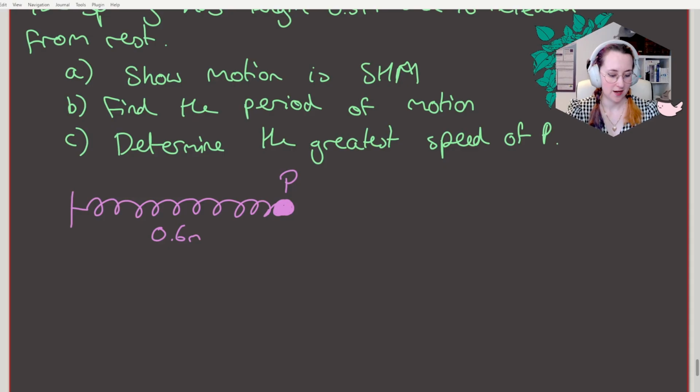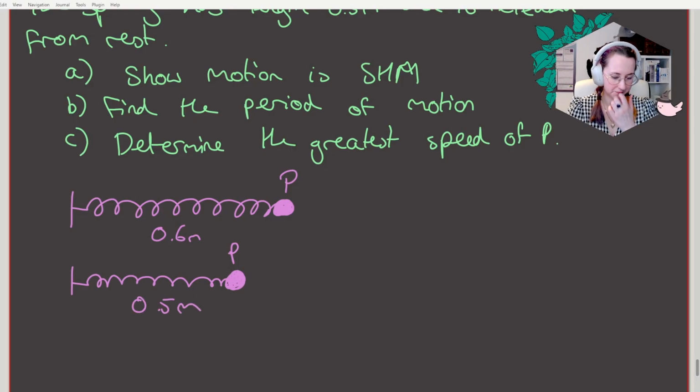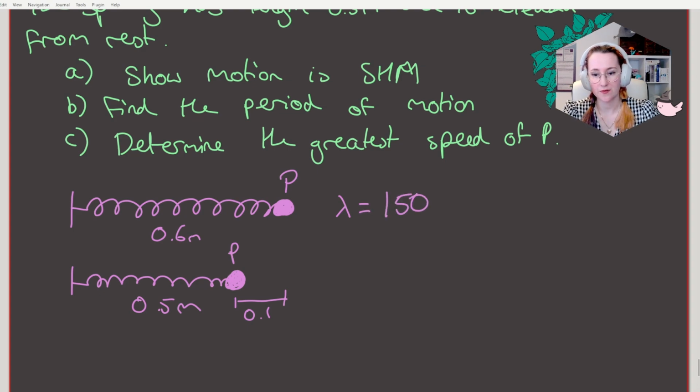And then it's compressed to some value. So that's now 0.5 meters, so it's compressed by a length of 0.1. We have that the modulus of elasticity of the spring is 150. We have that the mass is 1, and the natural length is 0.6.